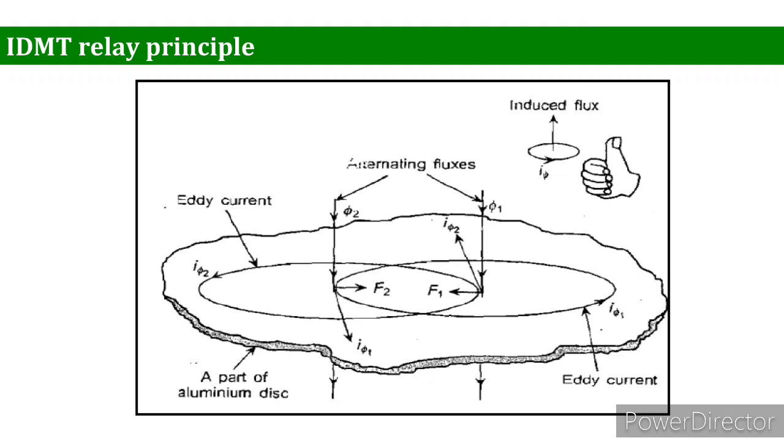Lenz's law says that if an induced current flows, its direction is always such that it will oppose the change of flux that produces it. Since the eddy current path has negligible inductance, they are in phase with the induced voltages. The complete derivation for the torque and force is mentioned in the handouts. You can refer to it from there.